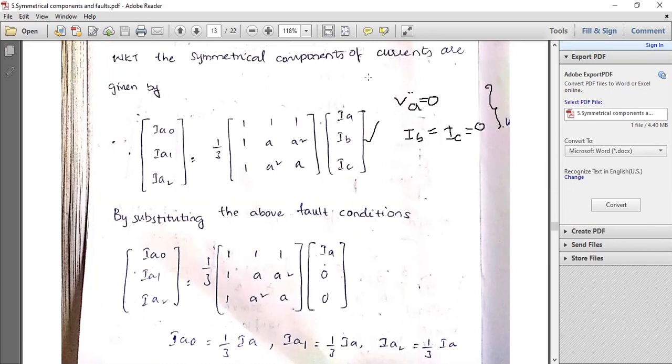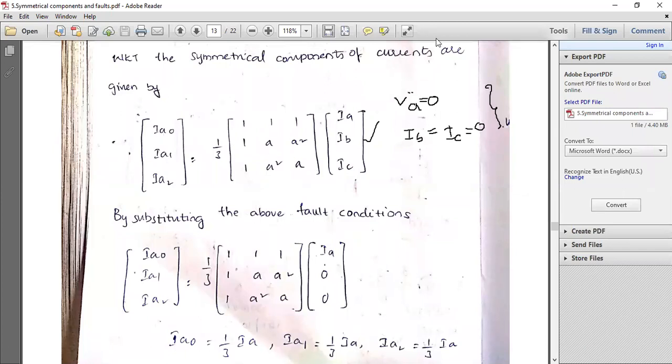Now we are doing the unsymmetrical fault analysis with the use of symmetrical components. IA, IB, IC are unsymmetrical phasors. IA0, IA1, IA2 are the symmetrical components, the symmetrical phasors. We are converting those unsymmetrical or unbalanced phasors to balanced phasors with the use of symmetrical components. So this we already know.